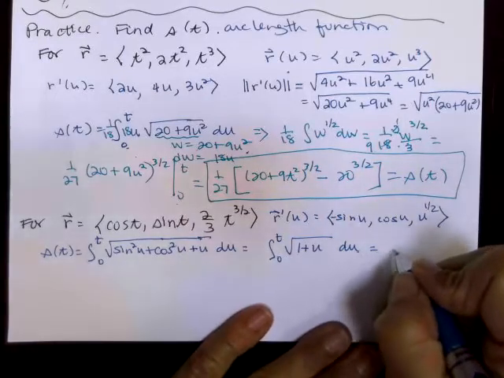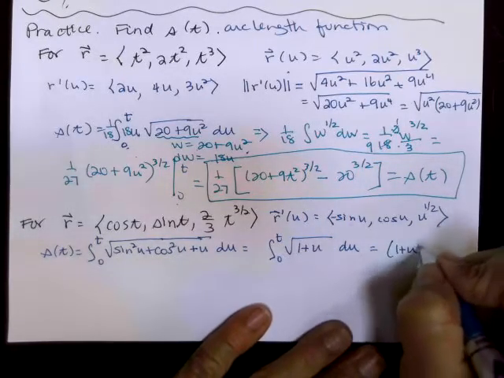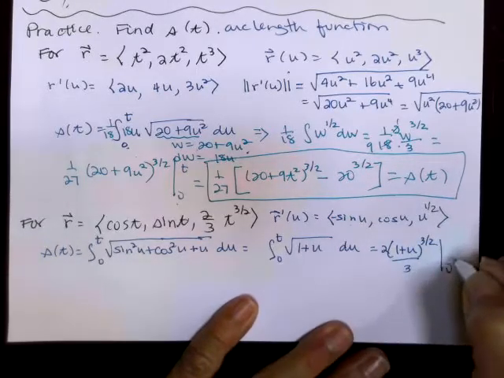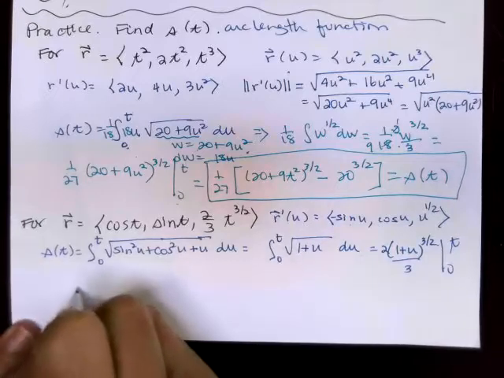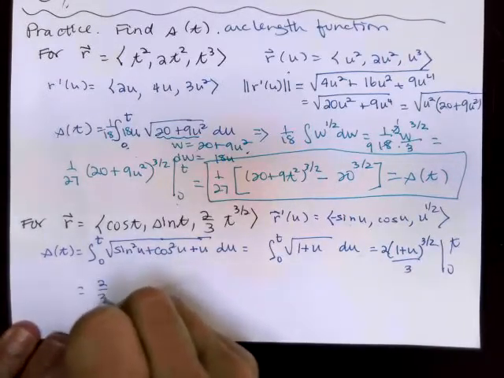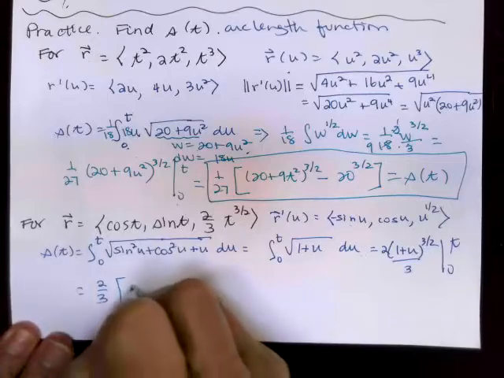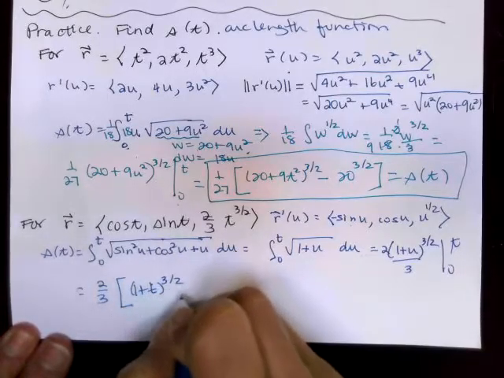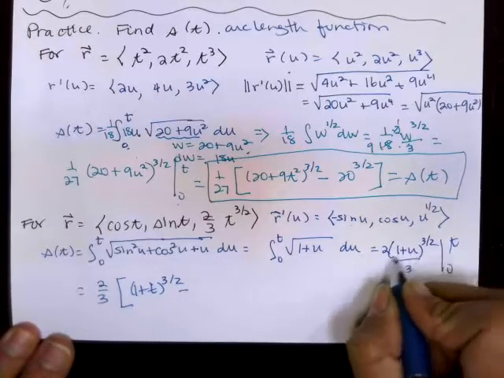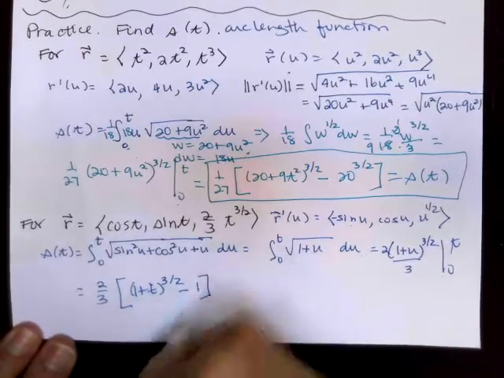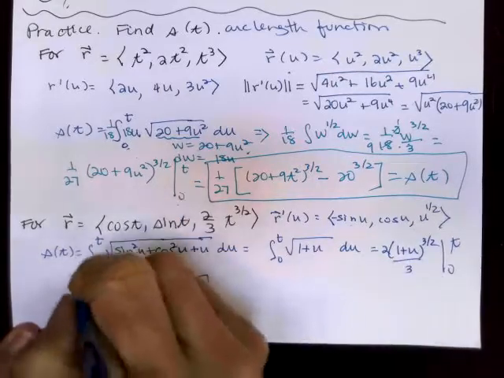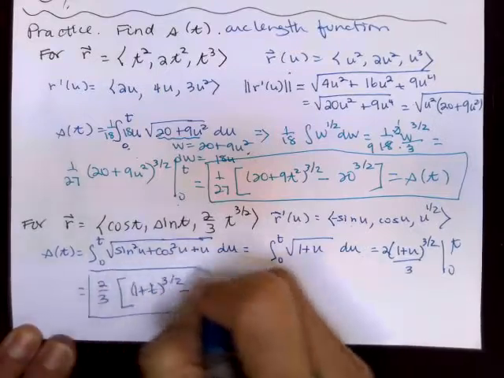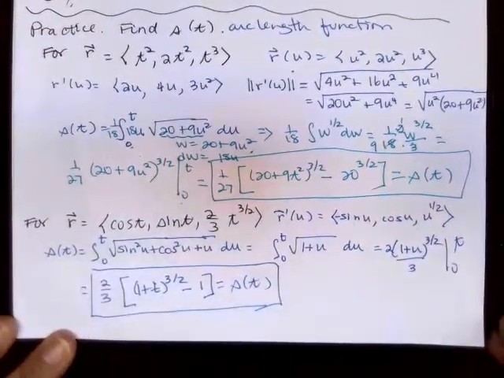So I'm going to get, here's my antiderivative, 1 plus u to the 3/2 divided by 3/2 between 0 and t equals, so 2/3 out in front, and then I'll get 1 plus t to the 3/2 minus, plugging in the 0, I still get that minus 1. Okay, because the whole 2/3 was out in front. So here is the function that describes the arc length.